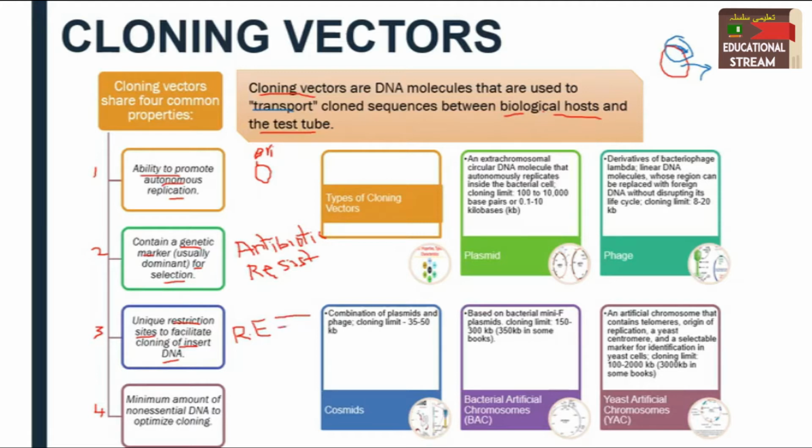For example, this is the insulin gene, and if I select two restriction enzymes, one of which is EcoR1, suppose, and I didn't check whether EcoR1 cuts within the gene sequence or not.